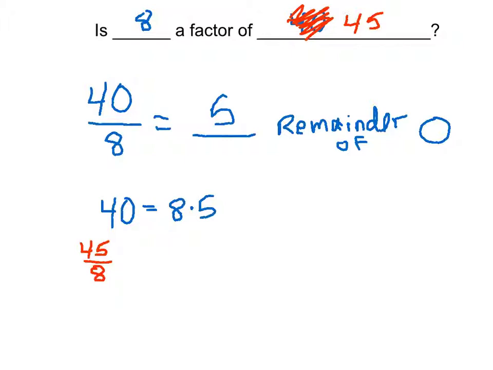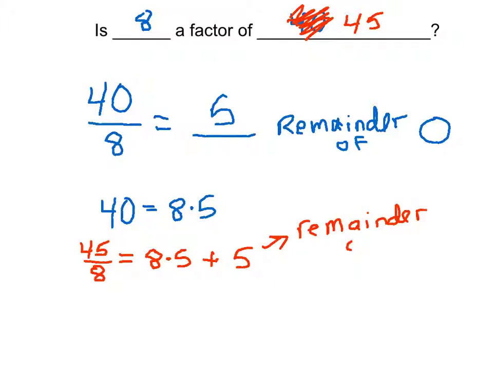And we know that we don't. We can see here that 8 is going to go in 5 times, so we'll have 8 times 5 plus 5. We get a remainder of 5. And since the remainder is not 0, we say that 8 is not a divisor, or it's not a factor of 45.